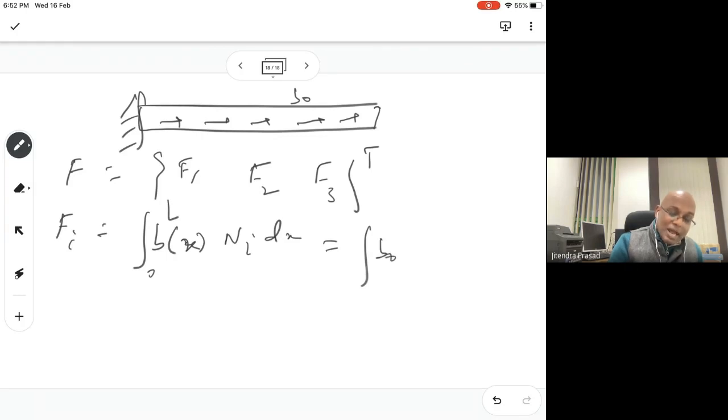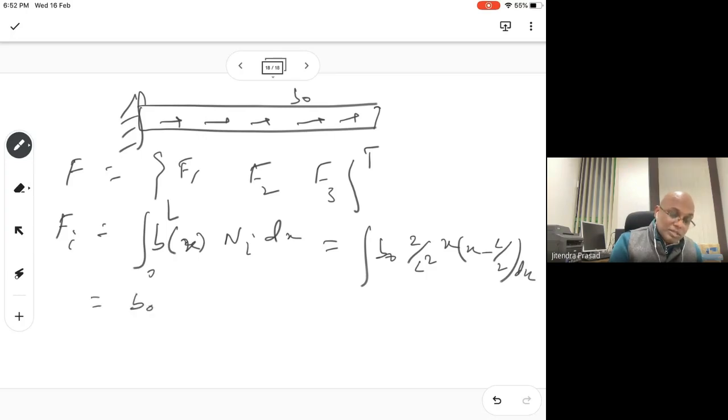And then Ni is 2 over L square times x minus L over 2, dx.